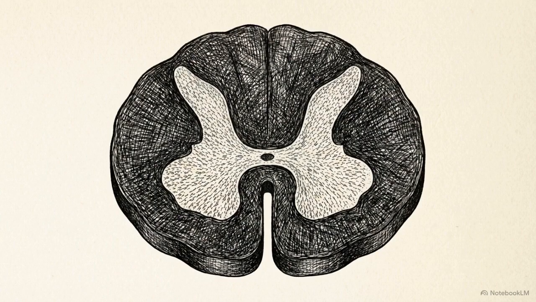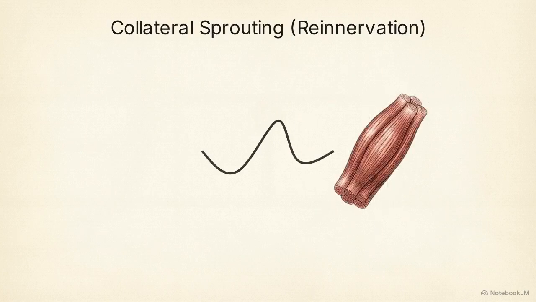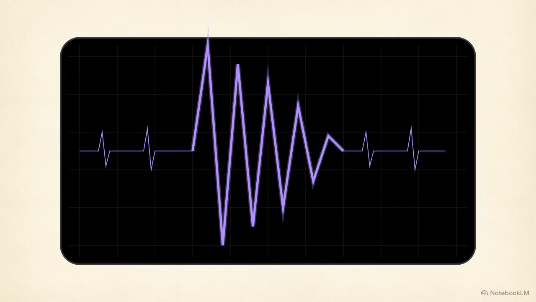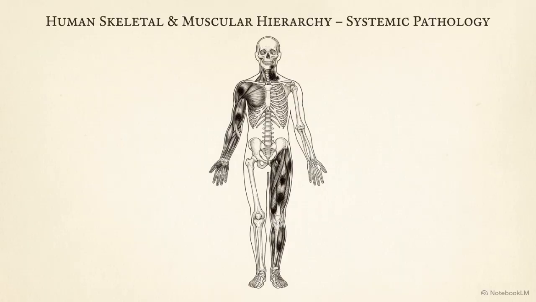As the pathology advances, a secondary finding emerges: chronic neurogenic change. Surviving motor neurons attempt to rescue the orphaned fibers by sprouting new collateral connections. On the EMG readout, this sprouting translates into giant polyphasic motor unit action potentials. Because a single localized injury, like a pinched nerve, could mimic these electrical spikes in one limb, a diagnosis of ALS requires proving that the disease is systemic.